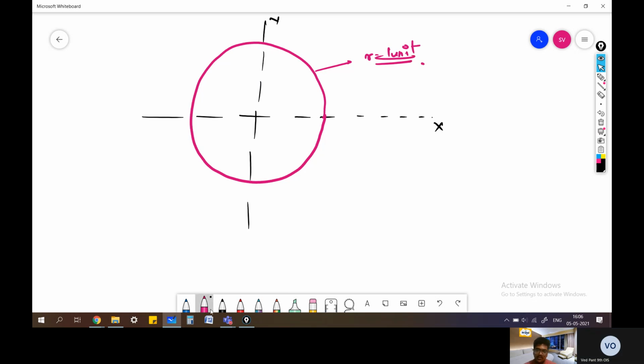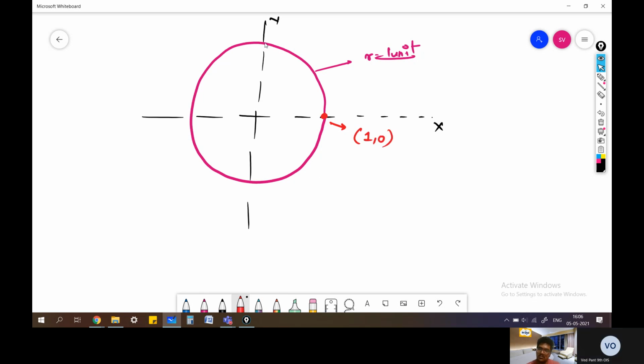That means at this point, what will be my x value and y value? What will be the coordinate of this point? The coordinate 1, comma 0.